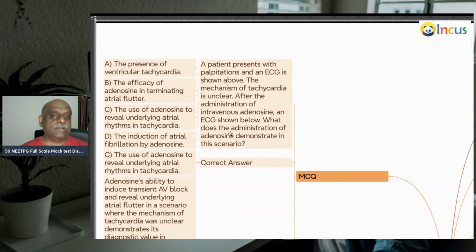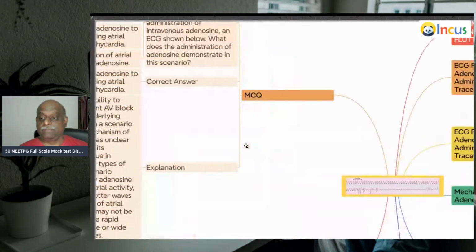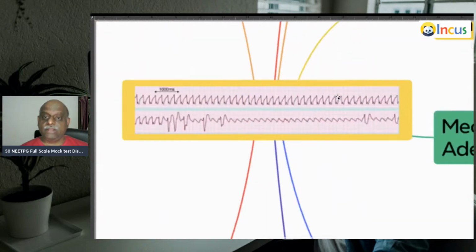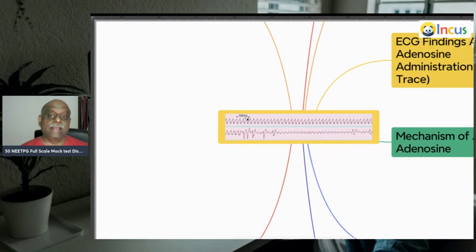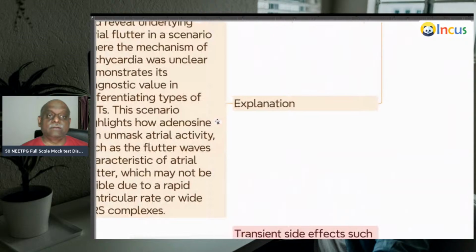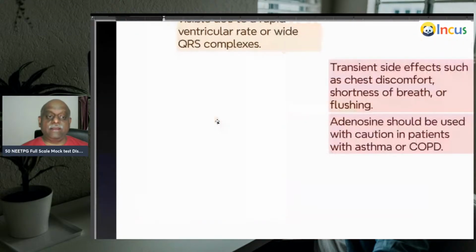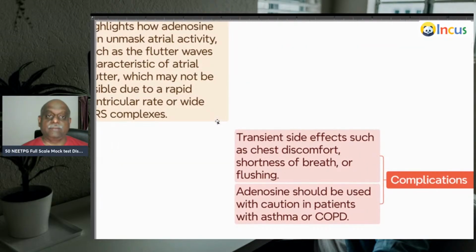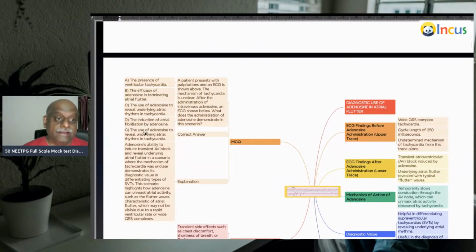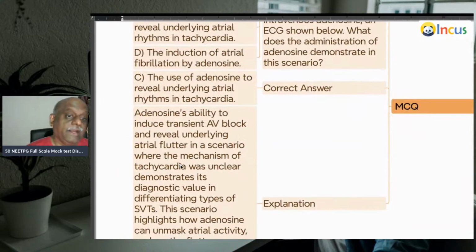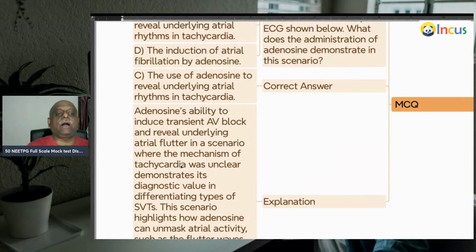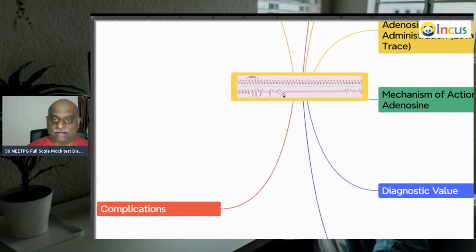A patient's ECG shows tachycardia. So what are you having? You are having tachycardia, and upon giving adenosine, typically, once you have used adenosine, it will induce a transient AV block and then it will reveal the underlying atrial flutter.